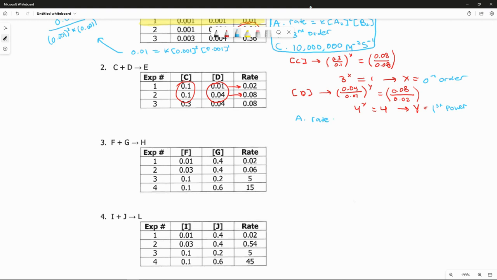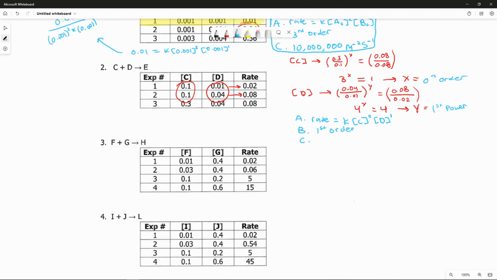Rate equals K times the concentration of C to the 0th times concentration of D to the 1st. And that is our rate law. B asks us for the reaction order. The reaction order is all of the orders combined. 0 plus 1 is 1. So the overall reaction order is going to be first order.